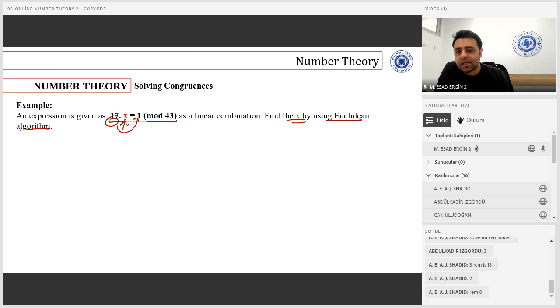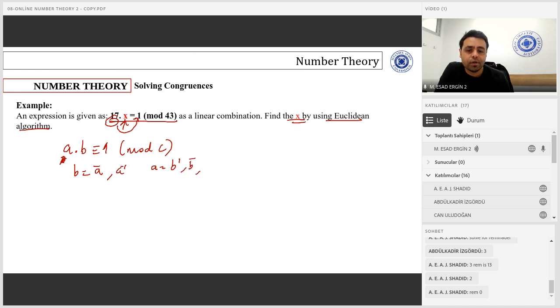If, for example, A multiplied by B has remainder 1 in modulo C, it means that B equals the inverse of A, or A equals the inverse of B, whichever you want to show.